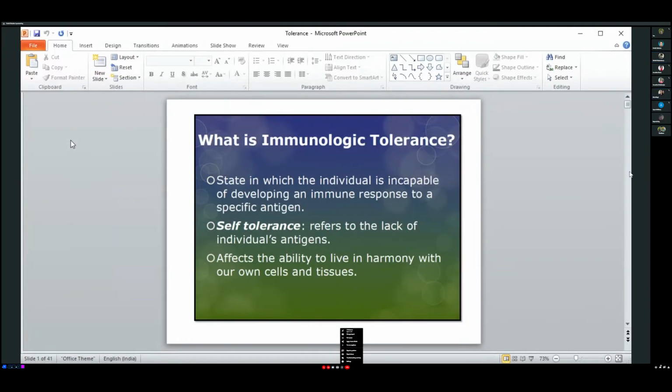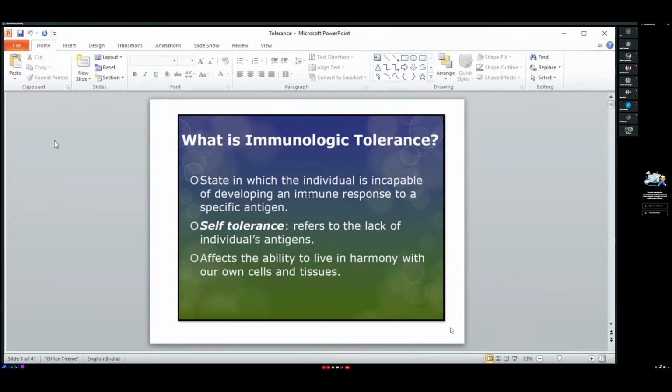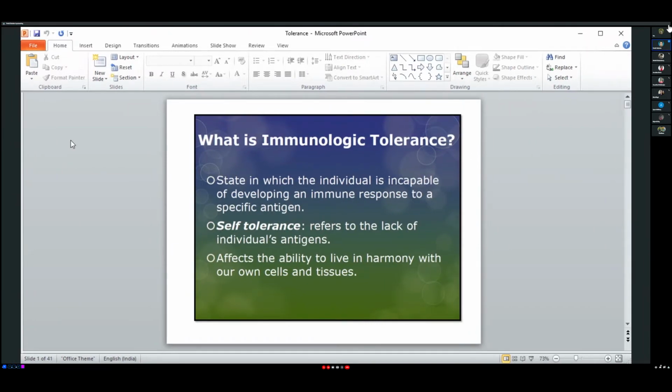So now we are going to discuss immunologic tolerance. The four chapters are associated with each other: complement, hypersensitivity, autoimmunity, and tolerance. We have already discussed the first three. We are going to discuss the final one.